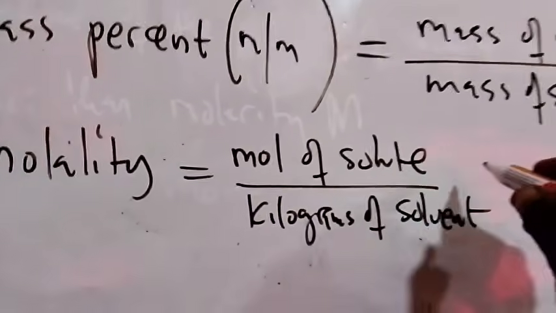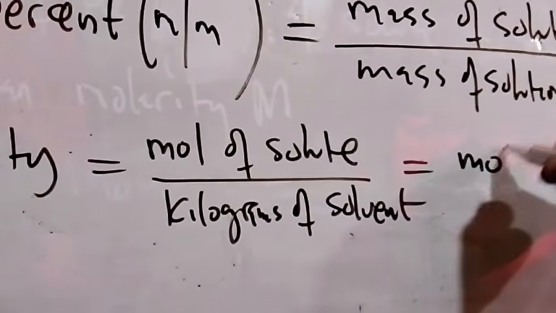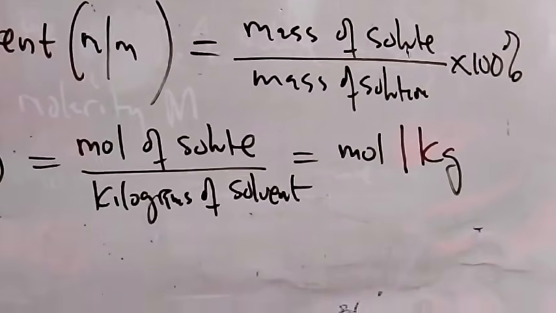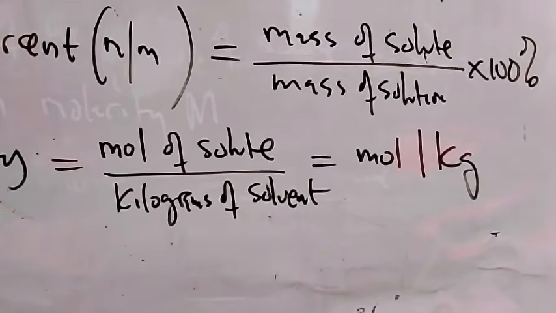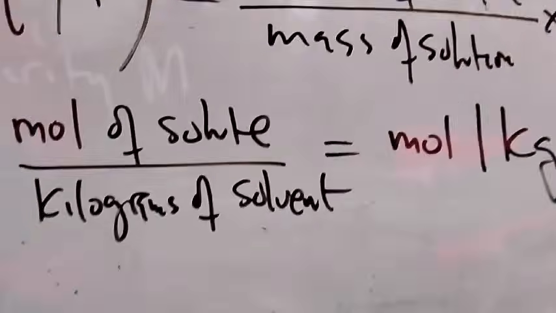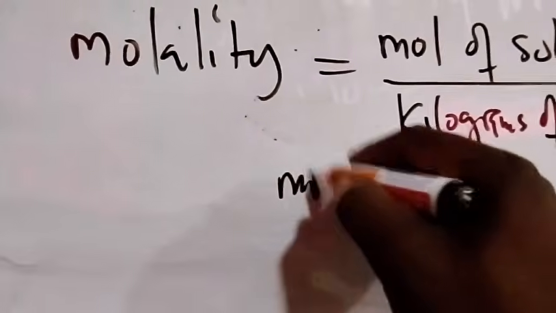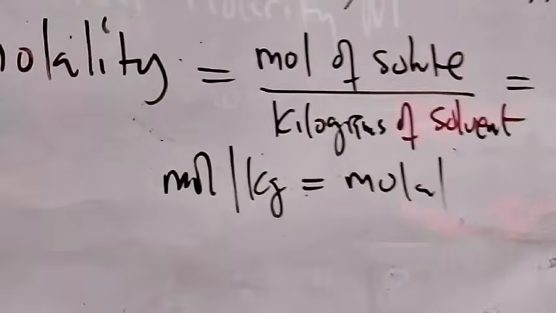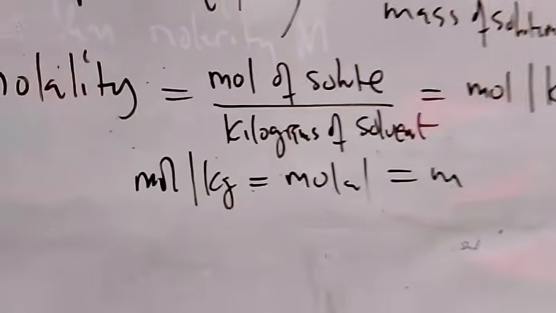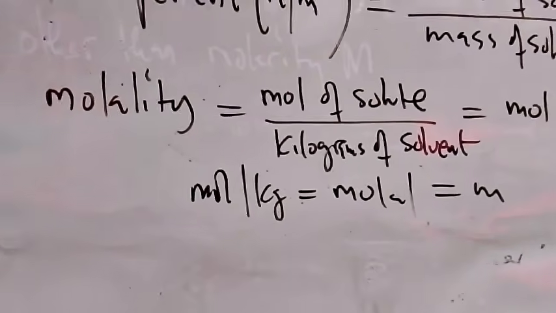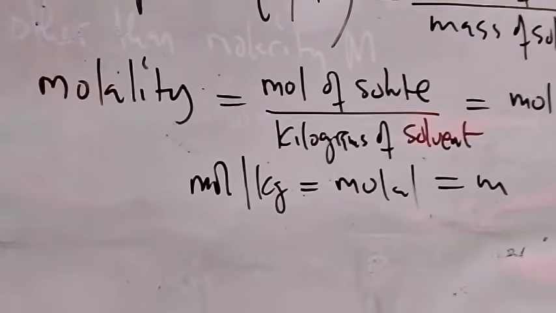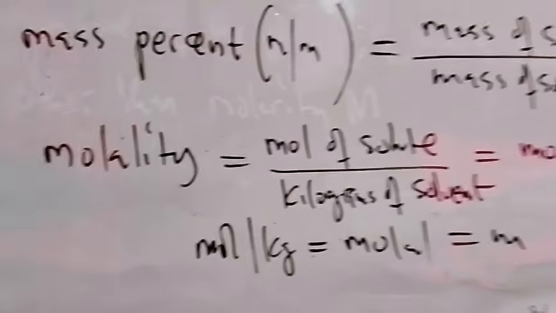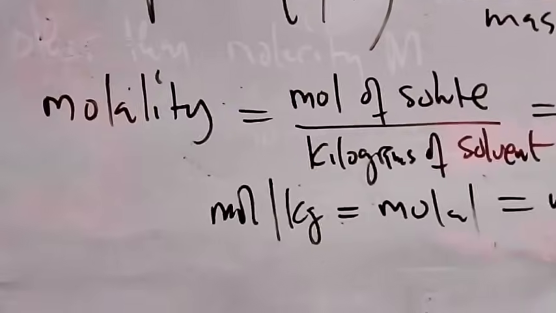The units will be mole per kg. That is written as small letter m. We all know that with molarity, it is capital M, molar. So this one is molal, small letter m.